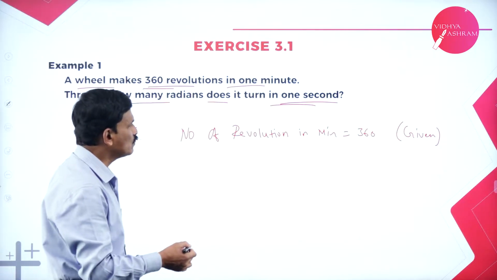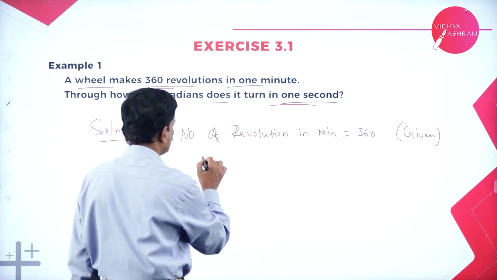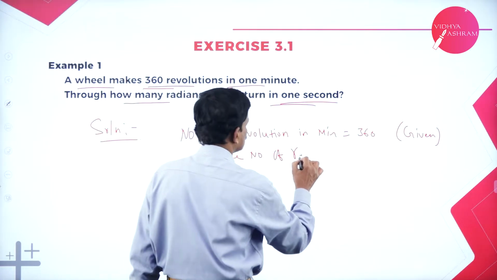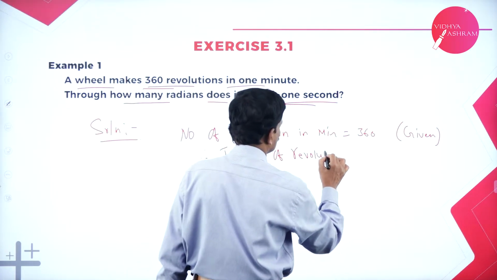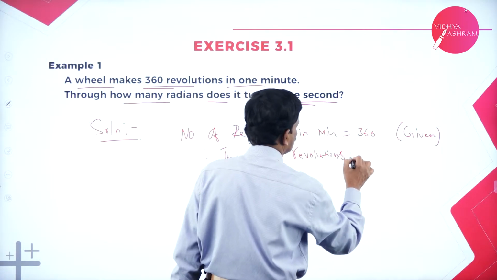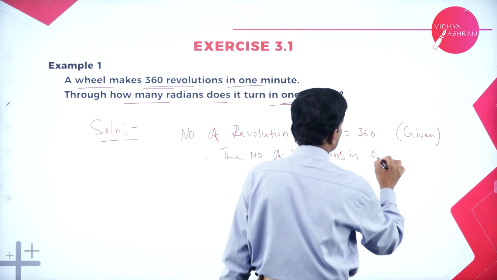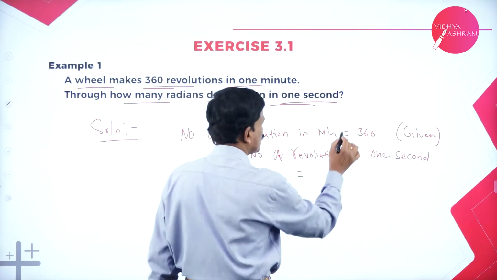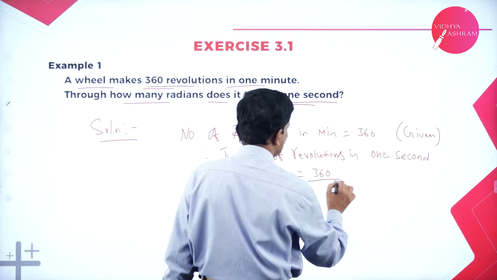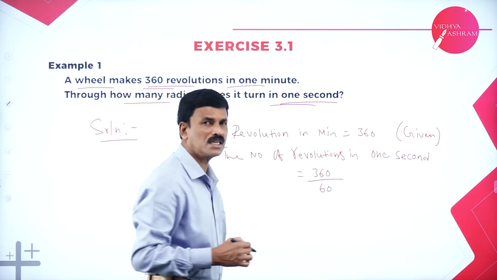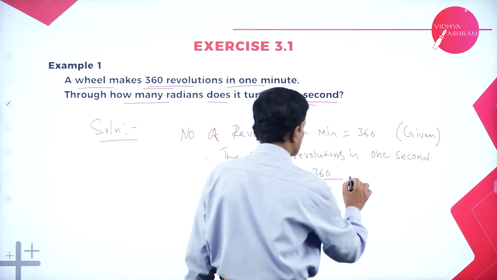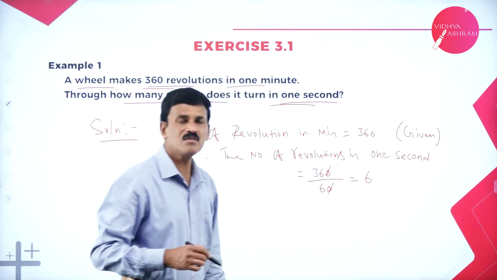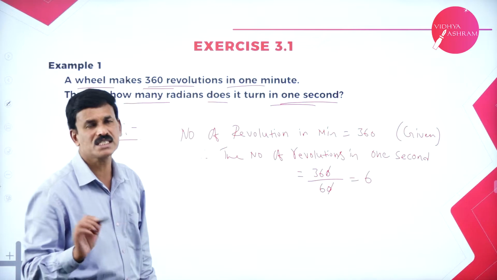Therefore the number of revolutions in 1 second is equal to 360 divided by 60, that is 6. So it will make 6 revolutions in 1 second.